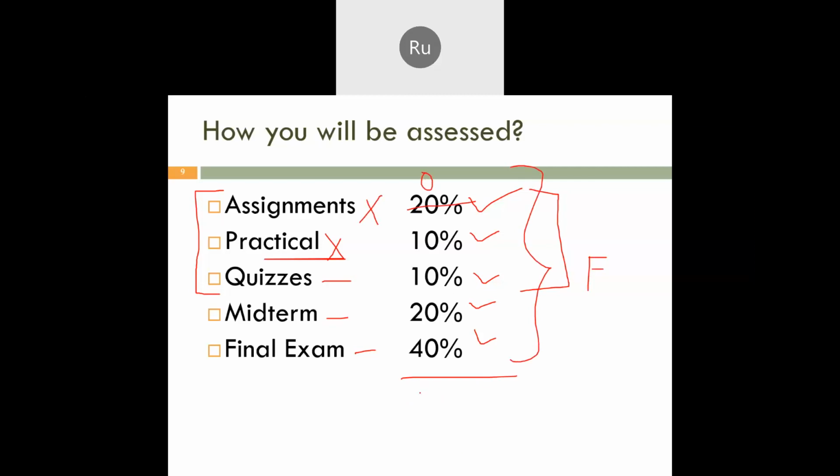If you get 45%, for example, but you did not submit any of the assignments or did not take any of the quizzes, then you will get an F. That is just a reminder, because every semester there will definitely be 1 or 2. So hopefully this semester we do not have any F grade students.